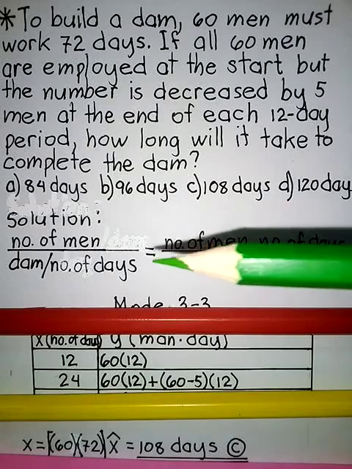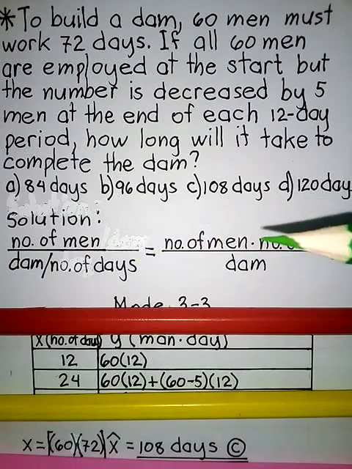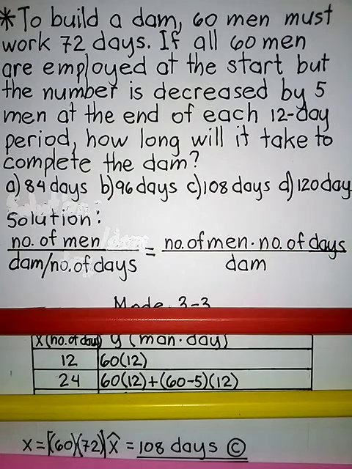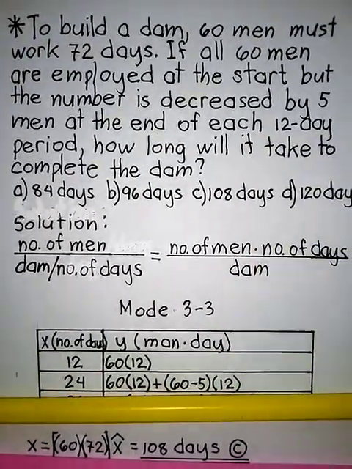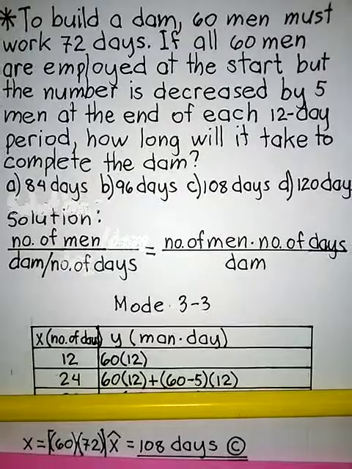This will become the number of men multiplied by the number of days per dam. In this problem we will use the Casio solution, and we will use mode 3.3 of our calculator.